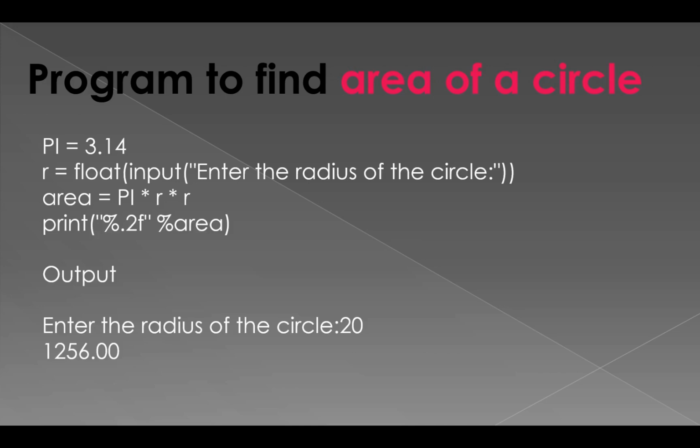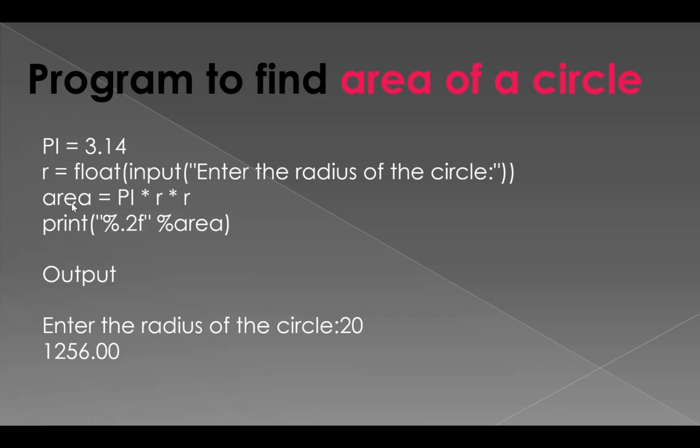Okay. Again, if you want to find the area of the circle, I know the formula is pi r square and the value of pi is fixed, 3.14. So I have taken the constant variable pi. If you want, you can write the value of pi in the formula. Okay, for r, I am taking the value from the user and it can be a decimal value, that's why float.